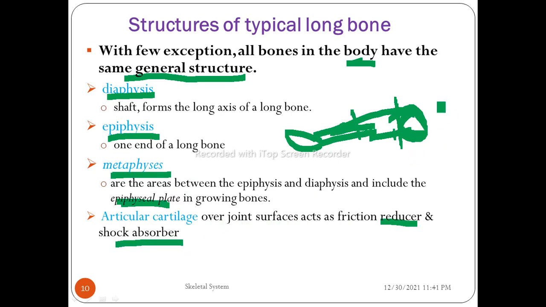Articular cartilage is found on the ends of long bones, between two adjoining bones, and when we jump it absorbs shock, and when we are walking it reduces friction.